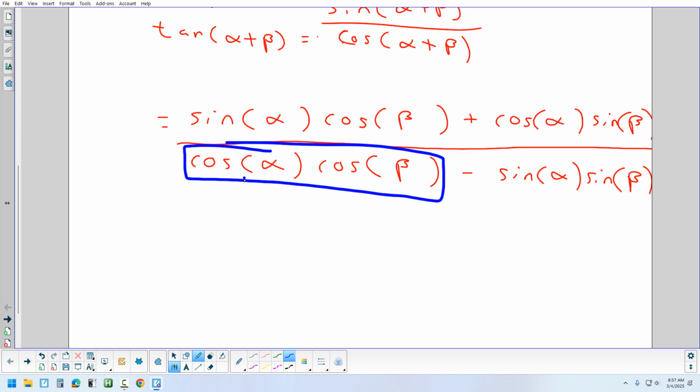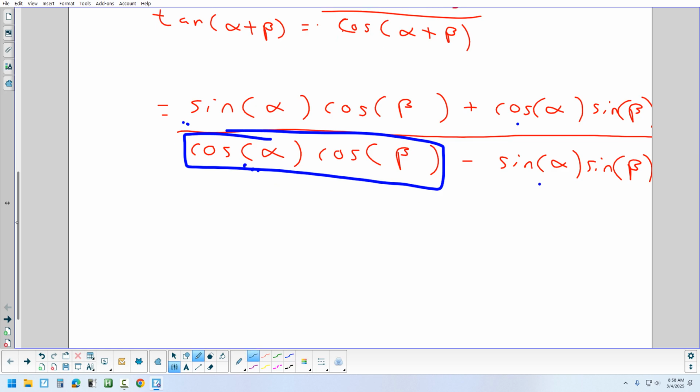Divide by cosine alpha times cosine beta. Right. When you want to make something a 1, you divide it by itself. It doesn't matter what's in the box, right? So divide what's in that box by itself. But if you divide that by itself, you have to divide all 3 of these by what's in that blue box. Okay, so let's start to write all that down.